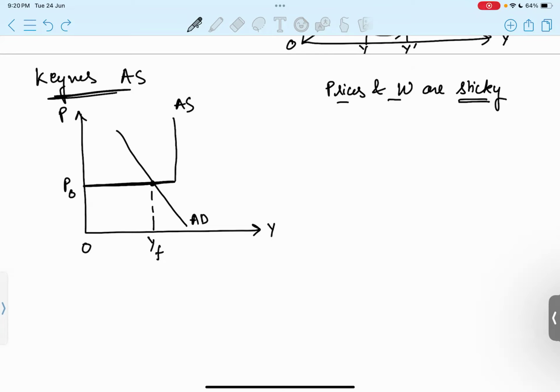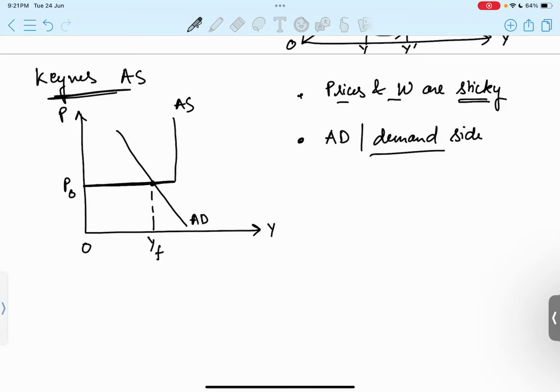And not only the supply side factors, but in the Keynesian model, we see that aggregate demand, or the demand side of the economy, is emphasized more. So he gave more weightage to the demand side. That will also be deciding the changes in the total output in the economy.